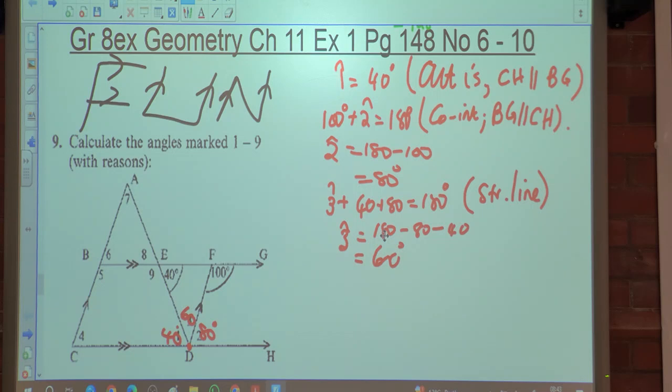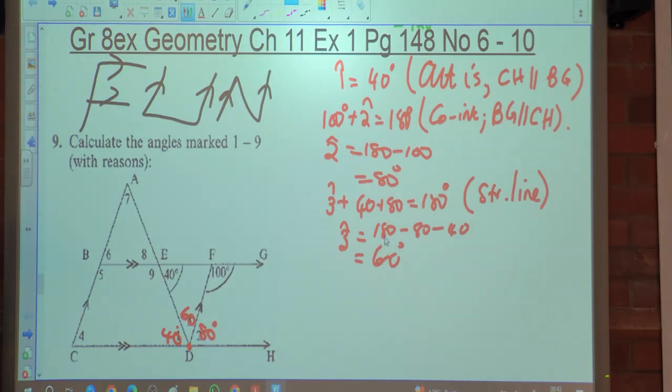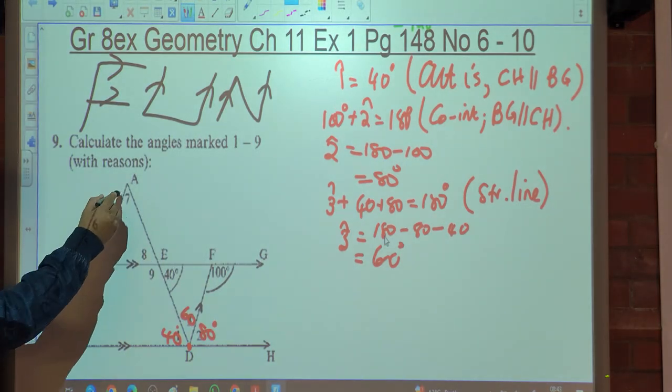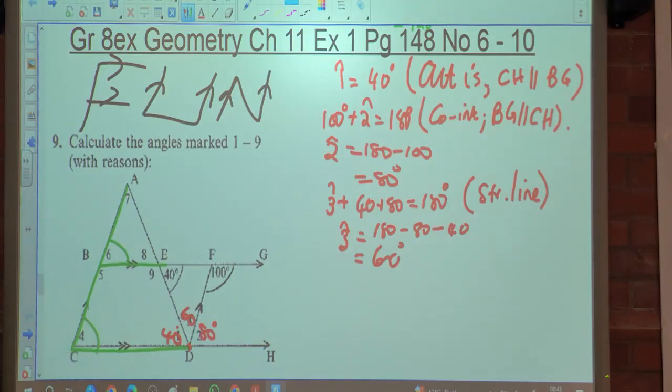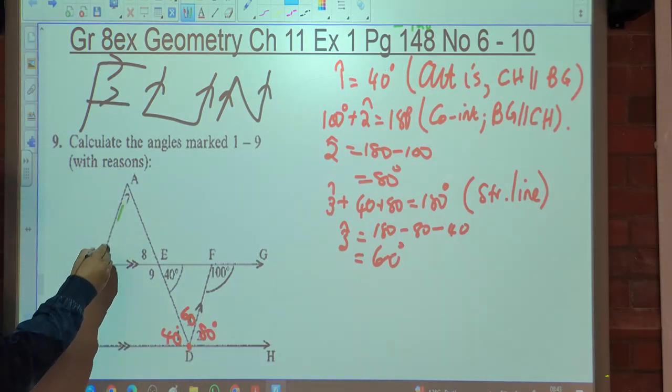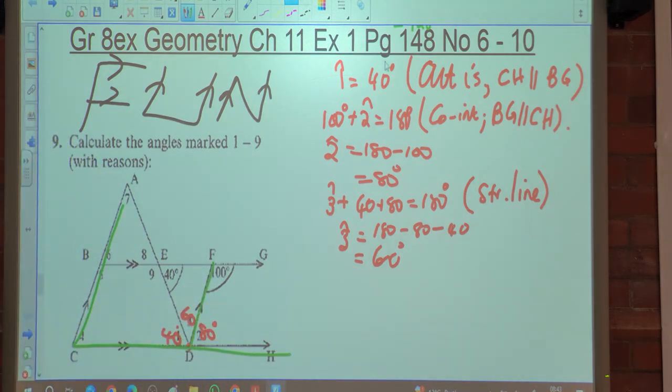People, number 4, angle 4. I'm going to calculate angle 4. Let's see if we can use corresponding. The corresponding was never the other way. 4 is corresponding with 2, that way.